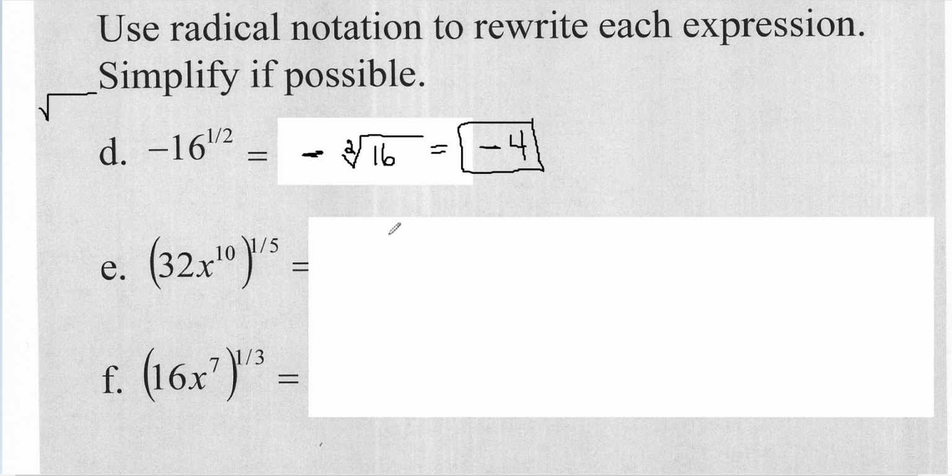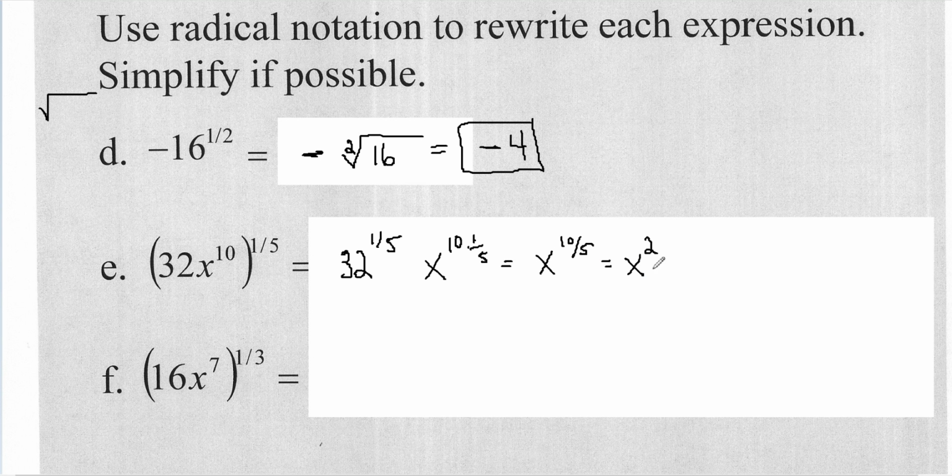So separately, I could write this to be 32 raised to the 1 over 5 times x to the, what's 1/5 times 10? 10 times 1 over 5 equals x to the 10 over 5, which simplifies to be x squared.